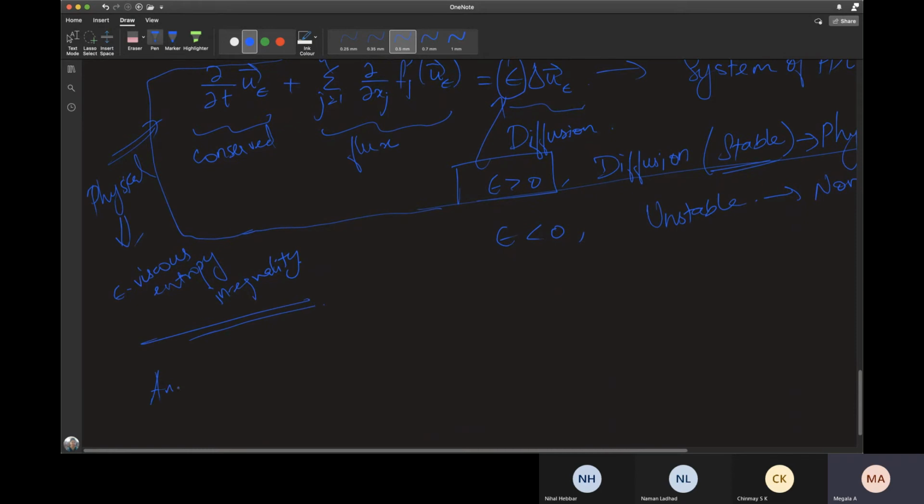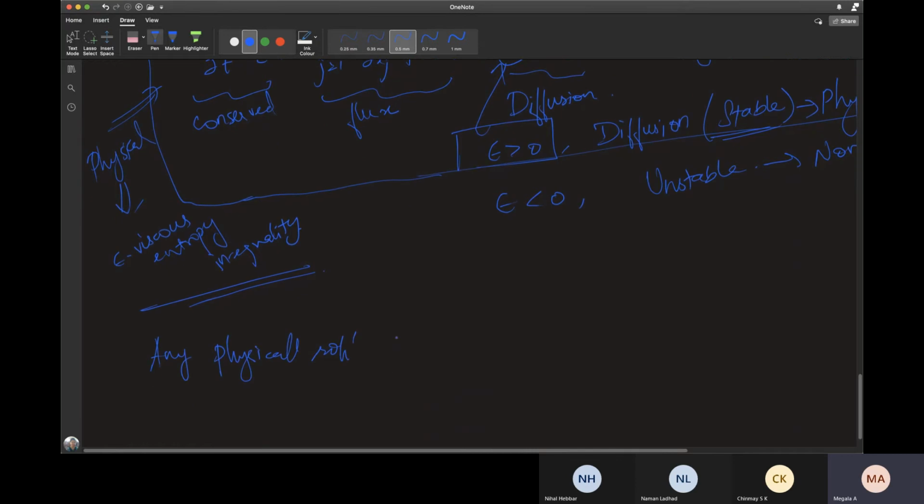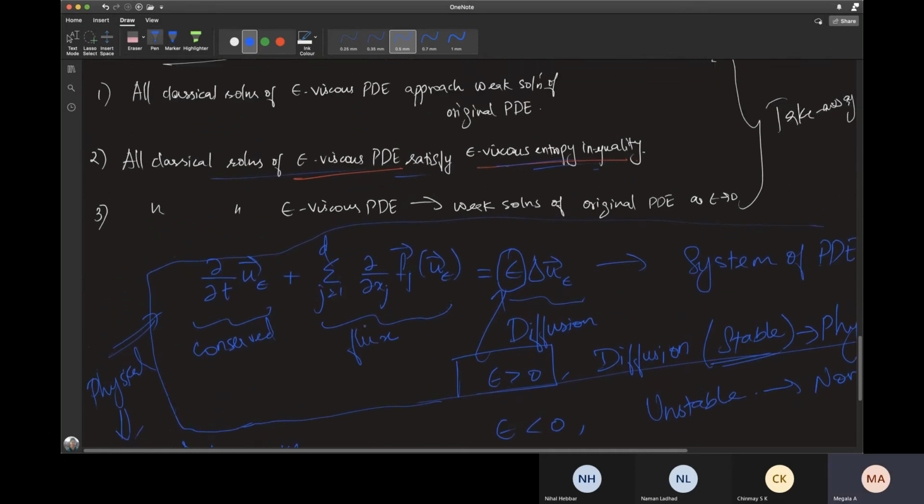That is, any physically relevant solution satisfies the entropy inequality for the original system of PDE.